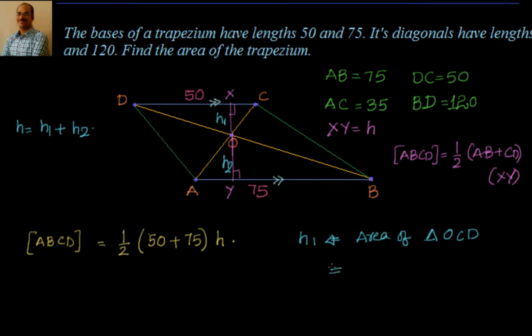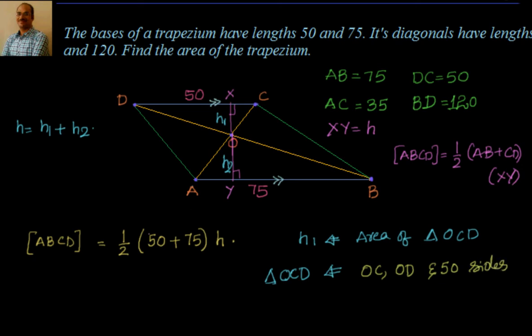For that I should know the measures of the sides. That means I should know OC and OD, and I already know CD is 50. So I should know these side lengths.